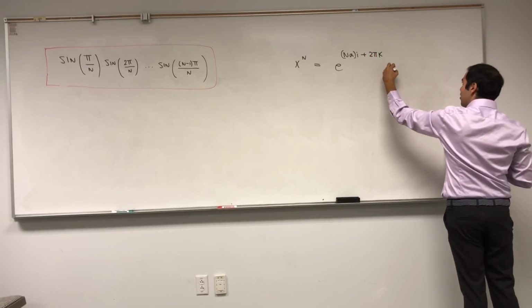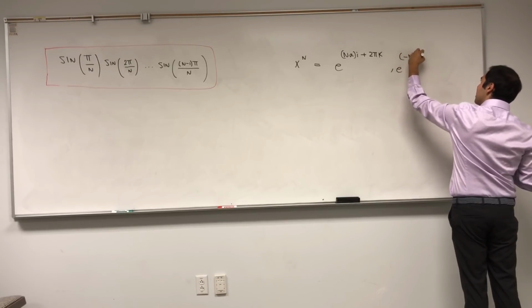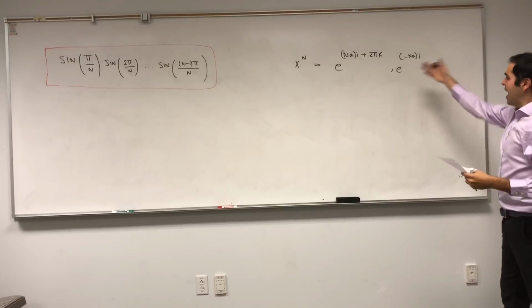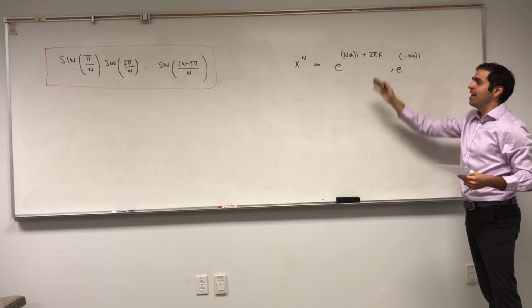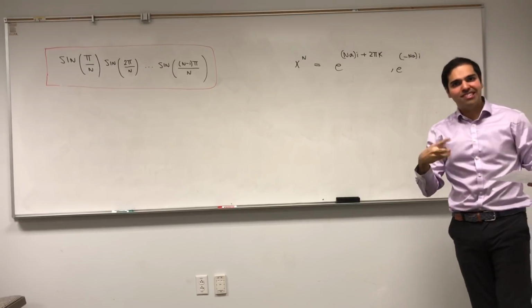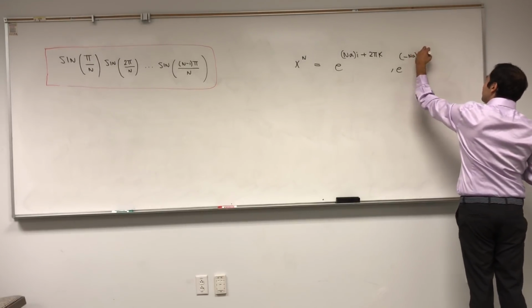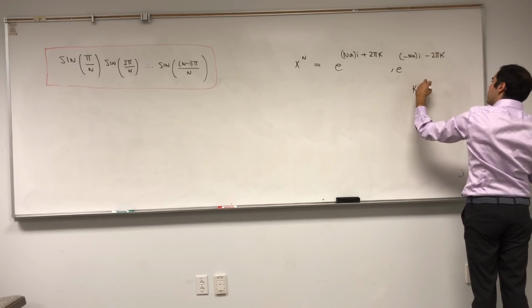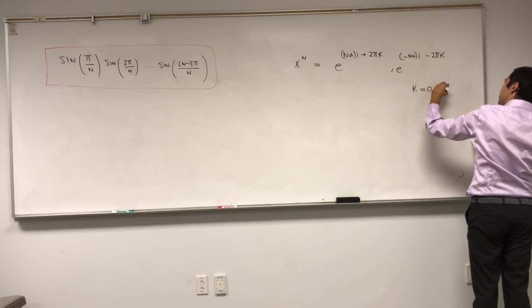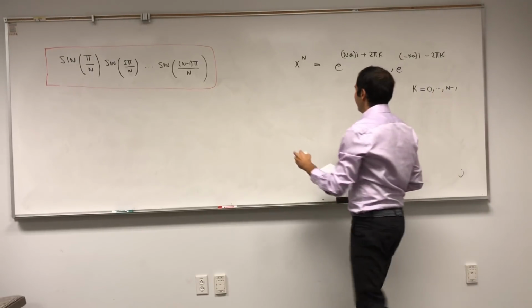And also, the same thing for e to the minus nai. And technically what we want to do is adding multiples of 2 pi k, but in order to have a certain symmetry, and you'll see in a second why this is useful, you just want to subtract multiples of 2 pi k, where k goes from 0 to n minus 1. And you'll see in a second why this is useful.